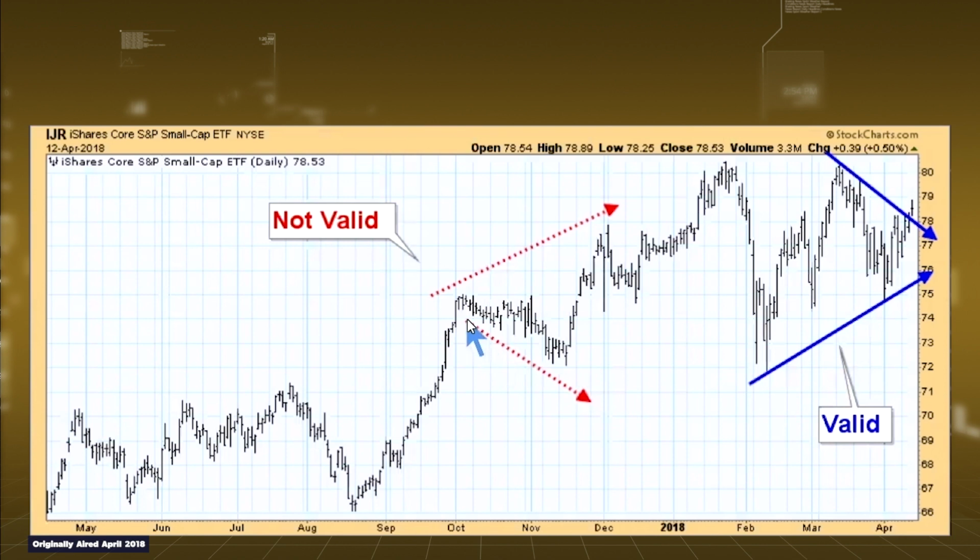Well, if you're looking at a declining bottoms line, what are you going to get out of that? Sure, it could go down below that, and maybe then you're seeing kind of an increase in the price trend going the wrong direction. But in general, a declining bottoms line is considered not valid for that very reason. You want to think about what's important to get out of that particular line.